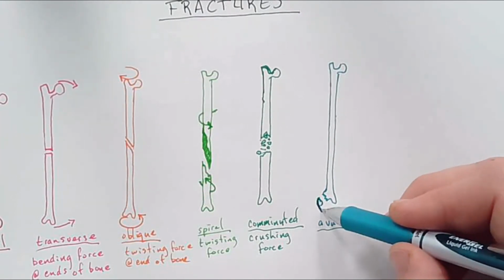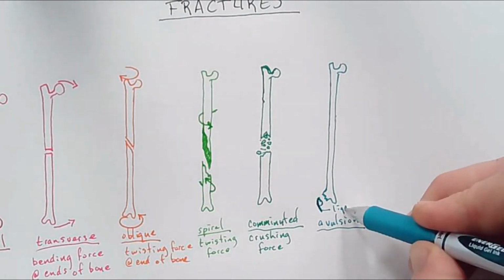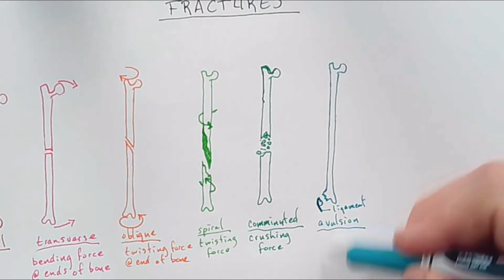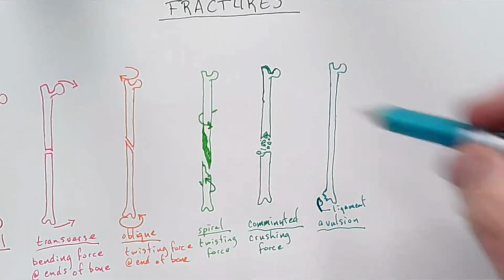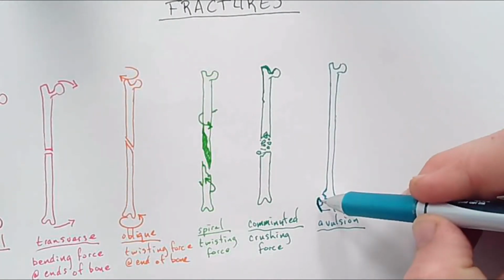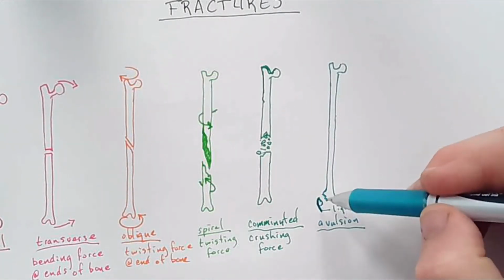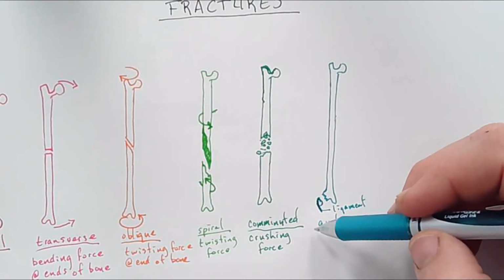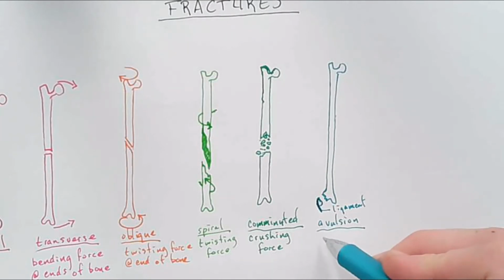So here's a ligament. I'm going to label that ligament. This would be connecting this femur to the tibia below. Look, my bones just keep getting longer. Anyway, as the ligament is pulled, it actually rips bone free with it. Tendons and ligaments are very, very solidly attached to bones.